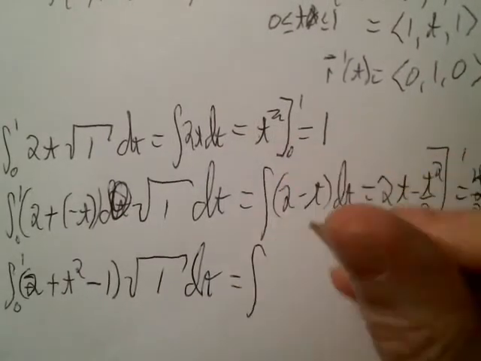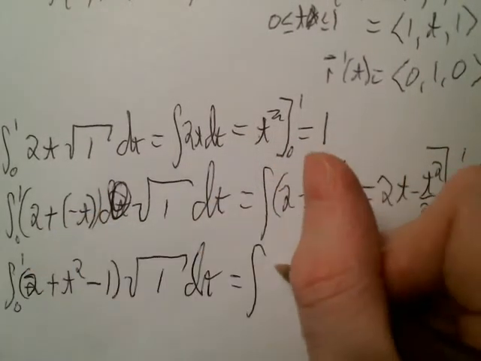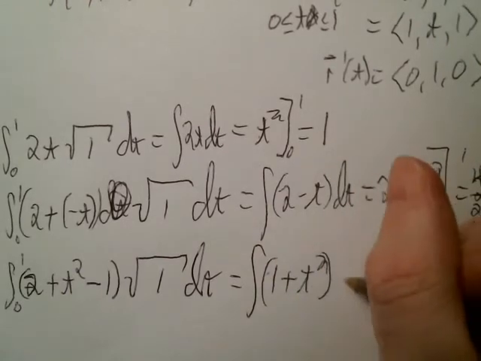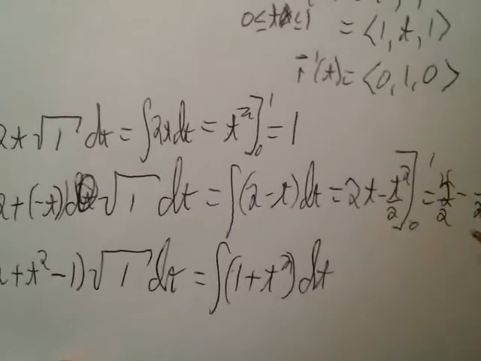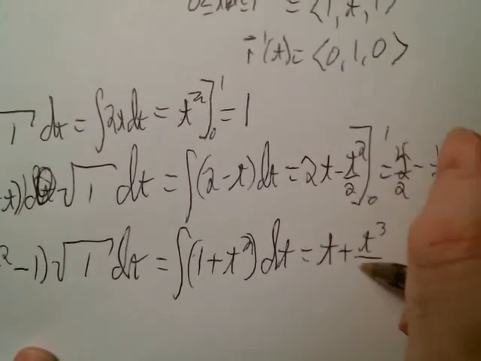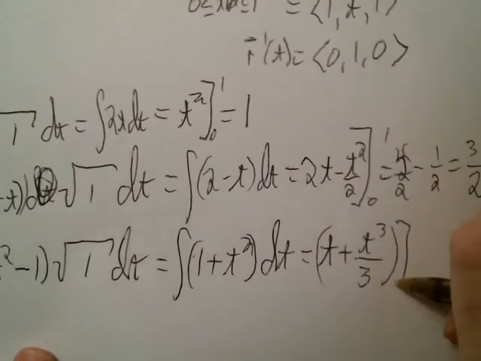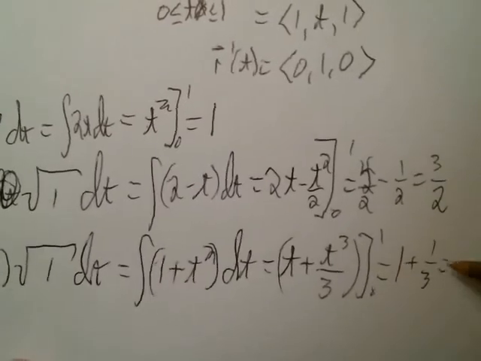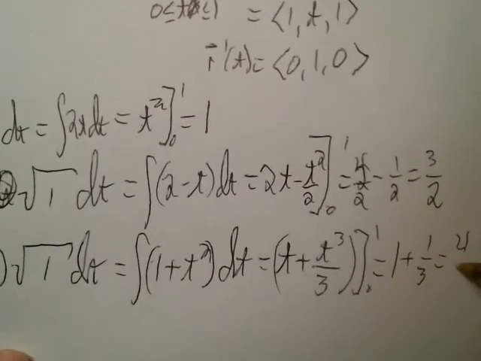Clean up the integrand. So you have 2 minus 1 is 1 plus t squared times square root of 1 is 1. So you just get 1 plus t squared dt. This will be t plus t cubed all over 3. Evaluated from 0 to 1, which is 1 plus 1/3, which is 3/3 plus 1/3, which is 4/3.